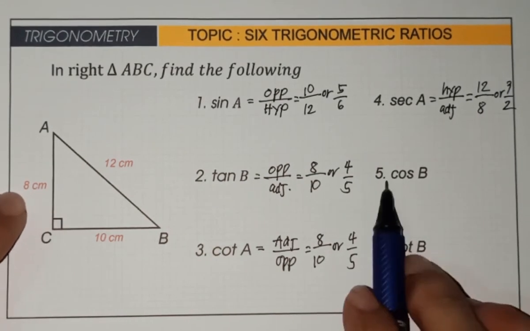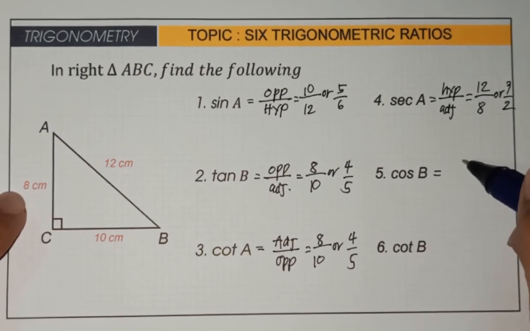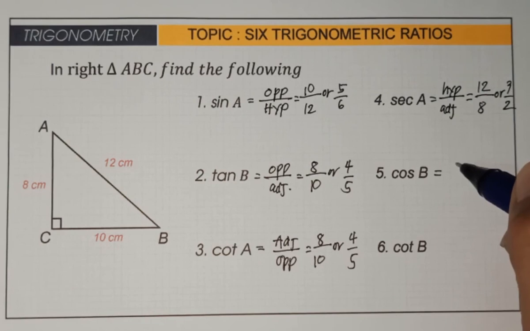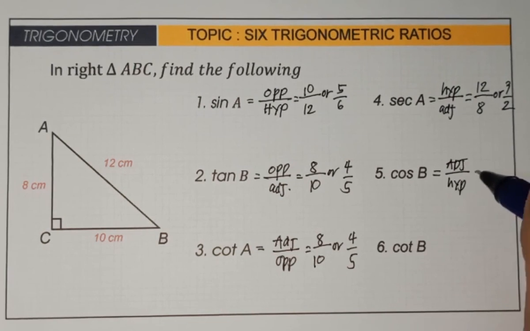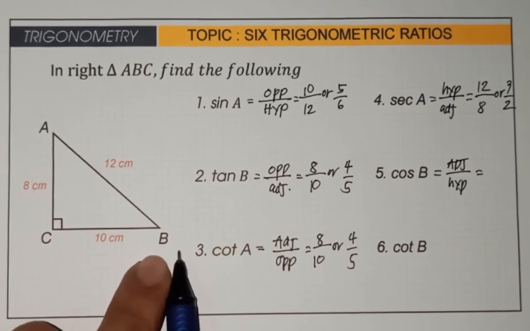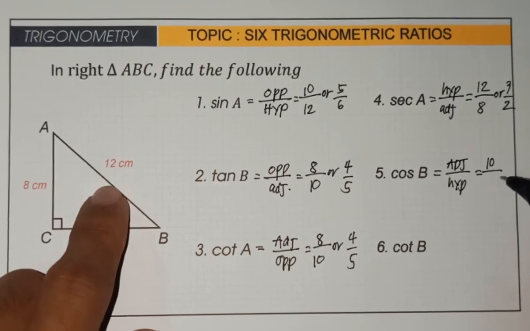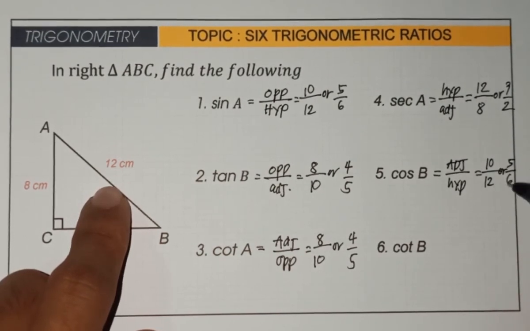For number 5, cos B. Cosine is adjacent over hypotenuse. For B, the adjacent here is 10 and the hypotenuse is 12, or it is 5/6.